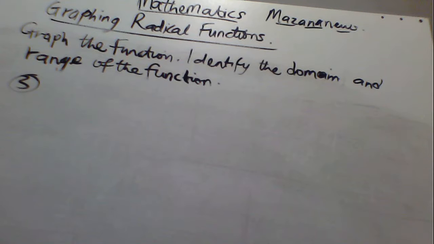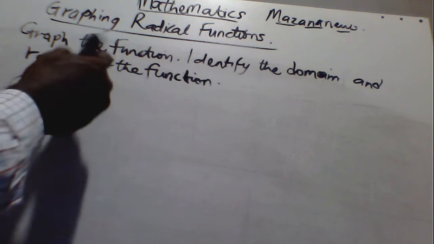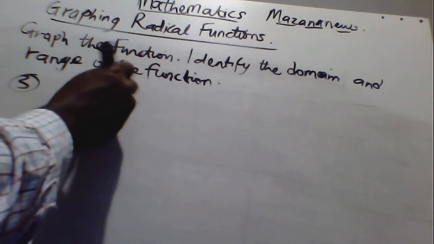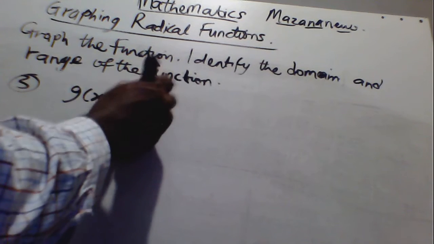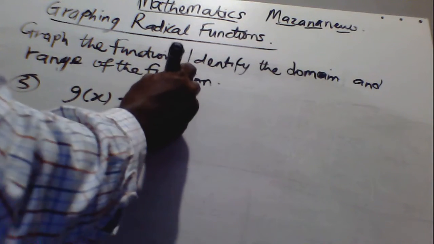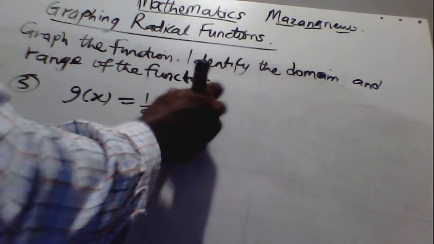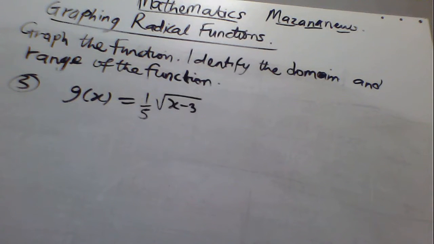The third example: if you are given g of x equals 1 over 5 the square root of x minus 3, graph this function.